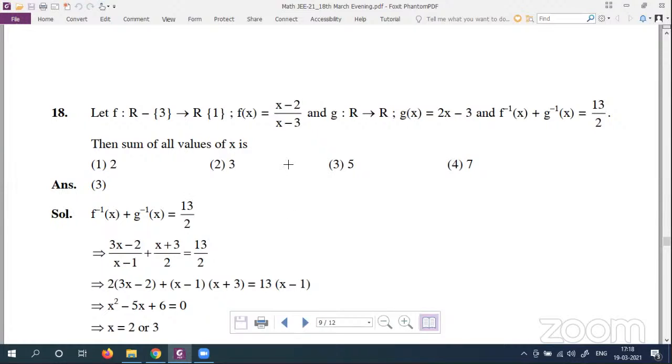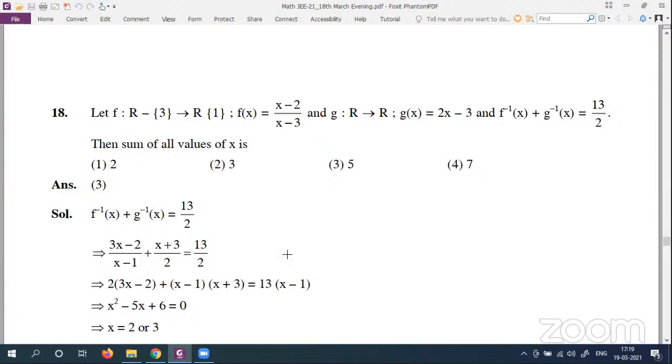Next, there is a function given. F is defined from a domain, and the range is given. For the two functions, the sum of their inverse functions is given as 13 by 2.